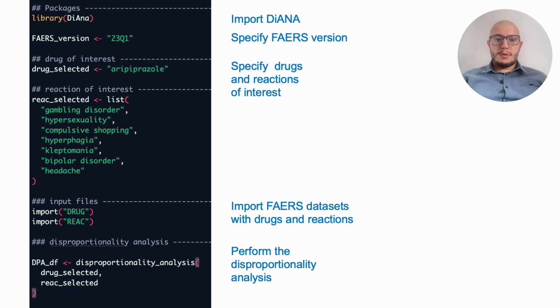Here is the first script, in which we import DiAna and we specify the files' version, and this is important both for transparency and replicability, but also because this parameter is going to be used in other functions.